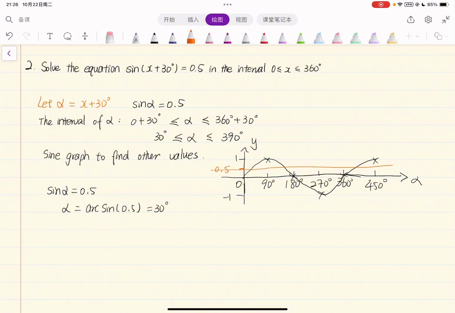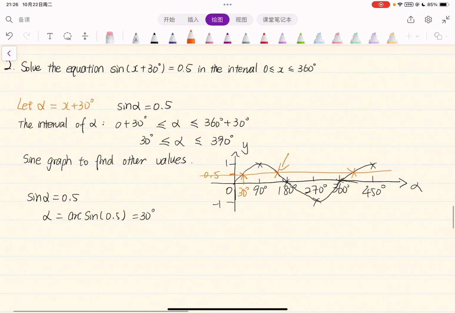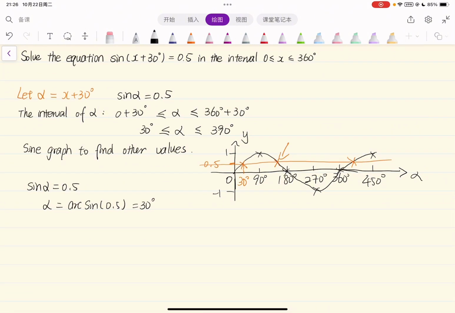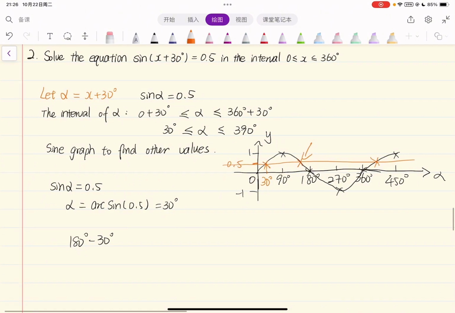The first one we have got is 30 degrees, and then the second value and another value. Now let us first find this value. That should be 180 degrees minus 30 degrees. Let me write down that alpha equals 30 degrees, and the second one should be 180 minus 30 degrees.